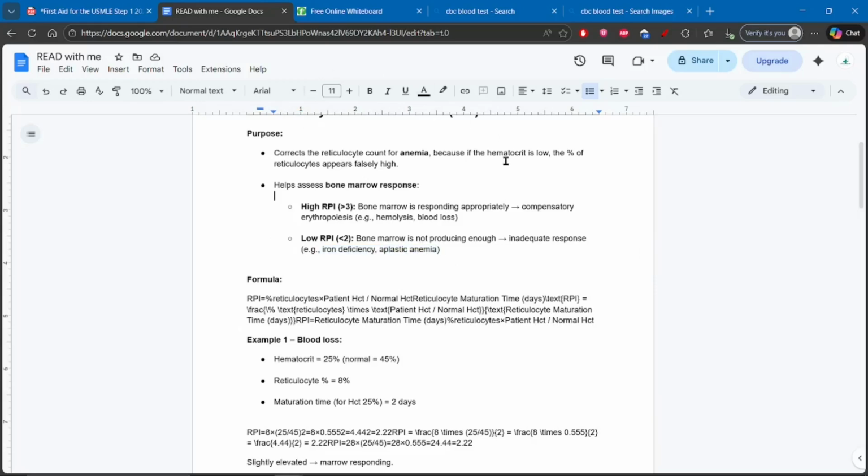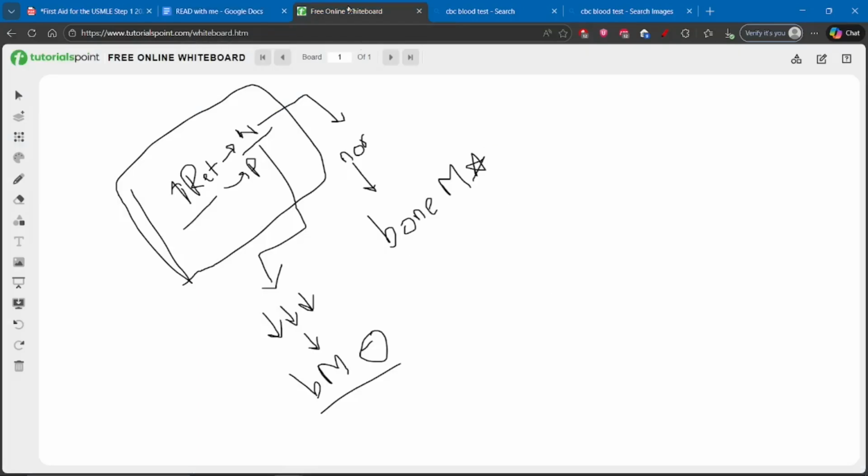I just want to explain what they've written here: if the hematocrit is low, the percentage of reticulocytes appears falsely high. This is exactly what I've explained to you guys, that when there is anemia, there is also hematocrit in the blood, which basically means the presence of the already prepared reticulocytes, or I should say the old reticulocytes.